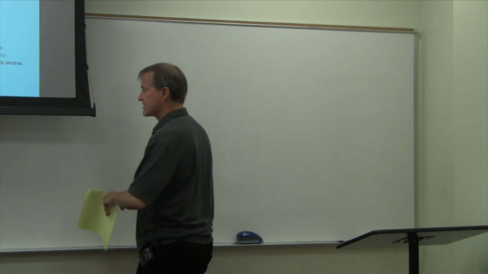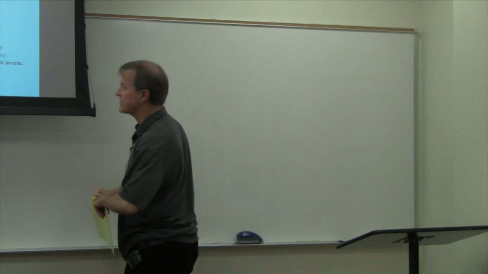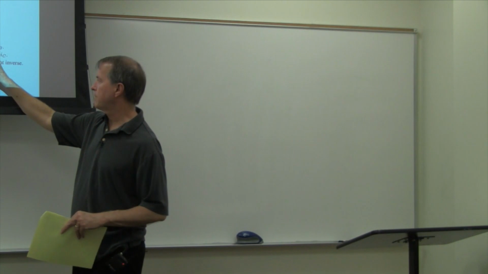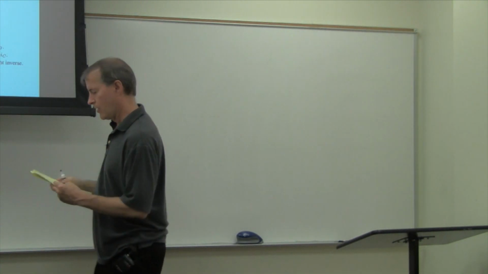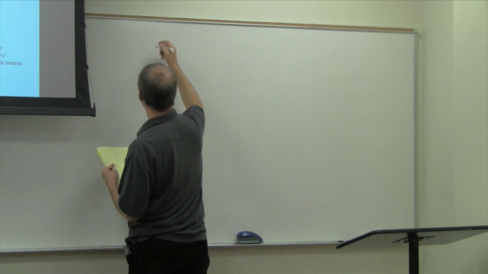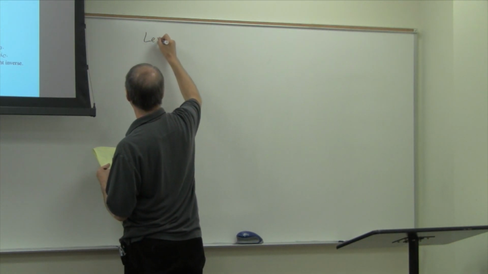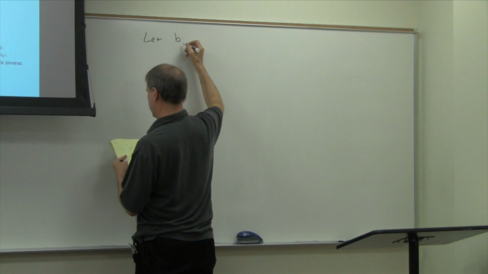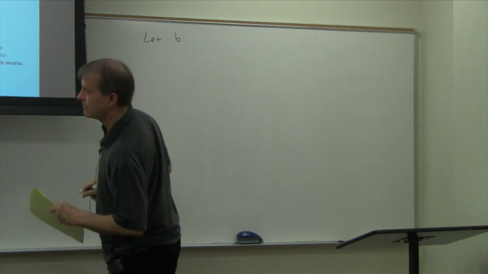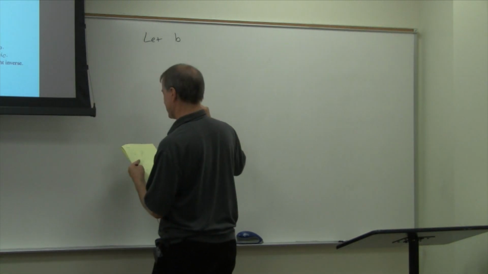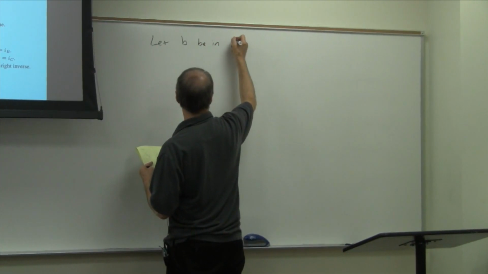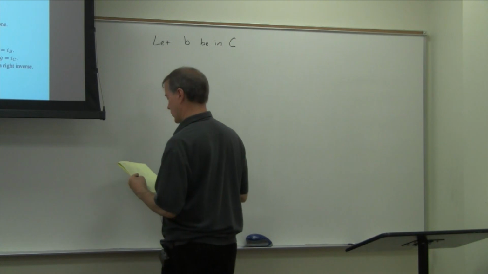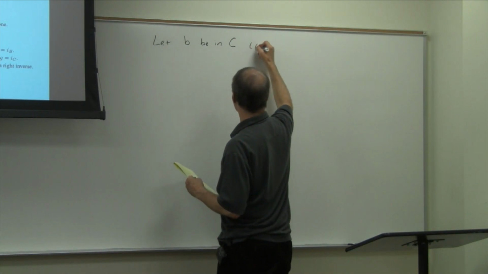Okay, so let's let little b, because here we're doing compose, but compose is the same thing as product the other way around, right? Okay, so let little b be in C. In other words, a natural number.